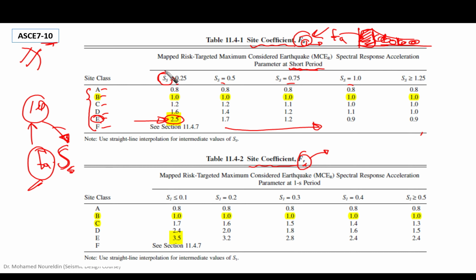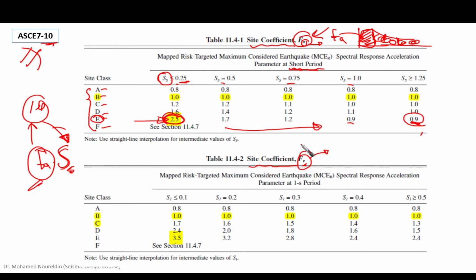But if we have short periods, okay, S sub S is smaller than 1.25, for example, it is going to be, as you can see, 0.9 here. And if it's smaller than 0.25, meaning it is very, very small, then we're going to have a very high amplification factor. If S sub S is large, then we're going to have maybe 0.9.